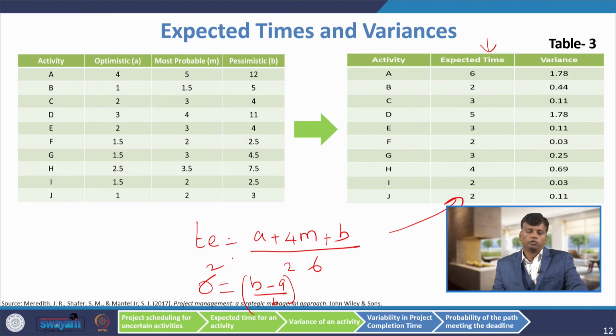So, whenever there are 3 time estimates, you have to convert that 3 time estimate into a 1 time estimate and you have to find out the variance of each activity. So, hereafter we will be using only this table for our further calculation.